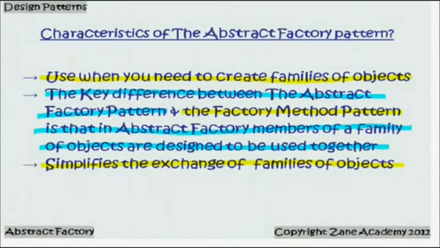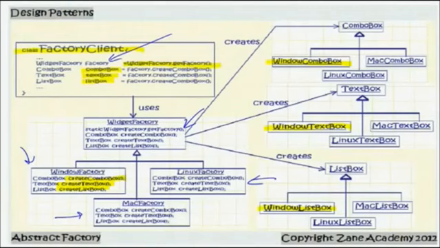And what do we mean by that? If we go back to the example, we have the widget factory in between, which allows us to easily change from a Windows factory to a Linux factory or to a Mac factory. And each one of those factories is able to create one of these guys, a window combo box or a window text box or a window list box.